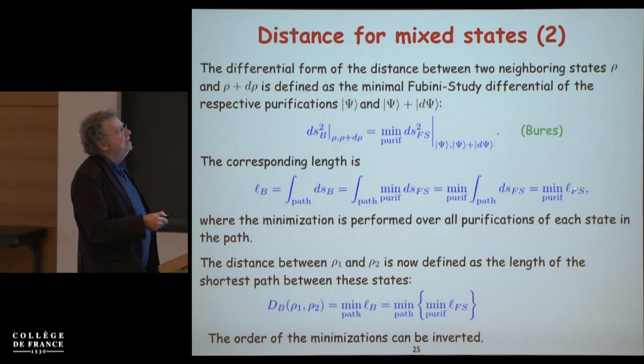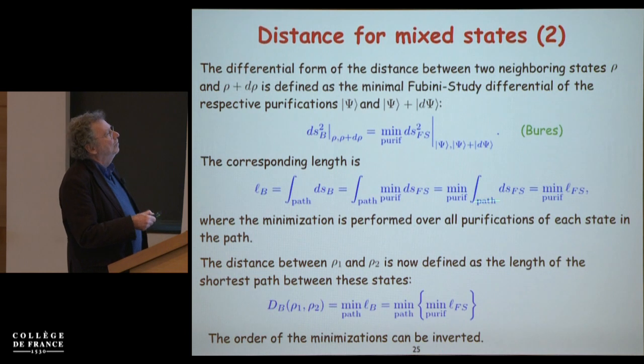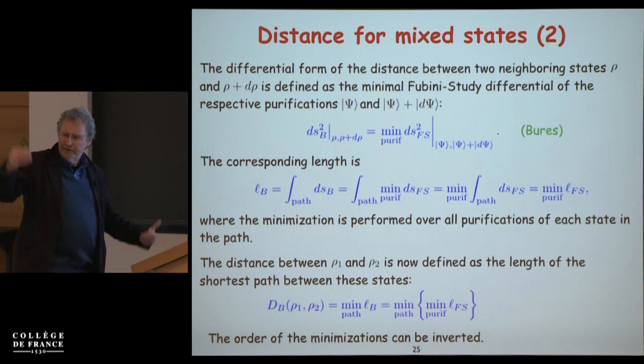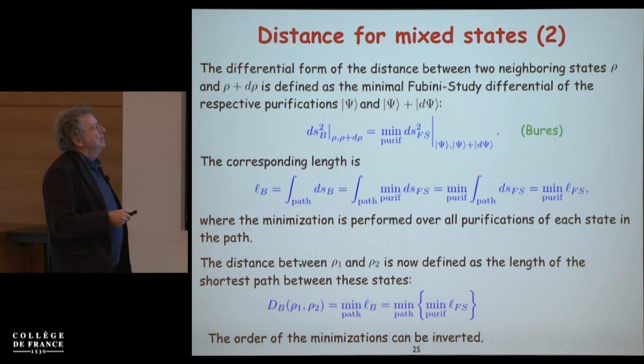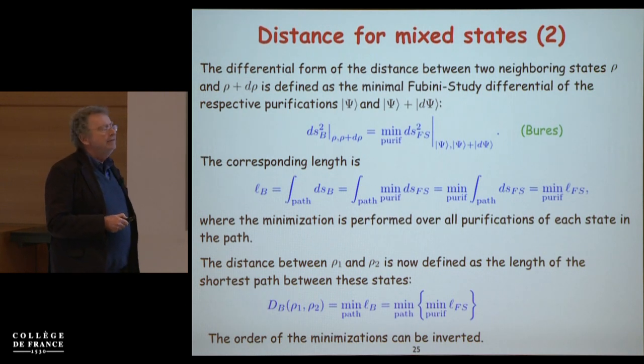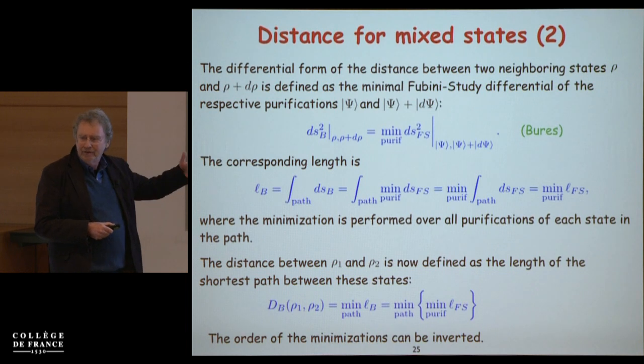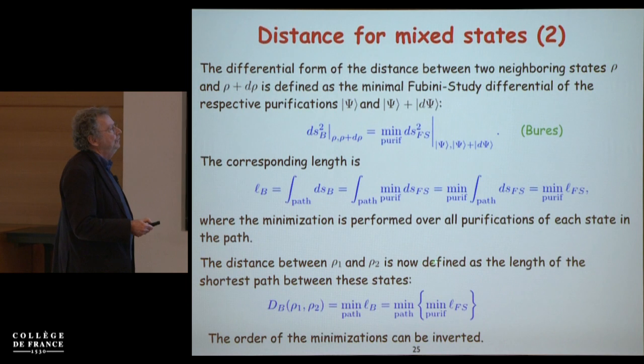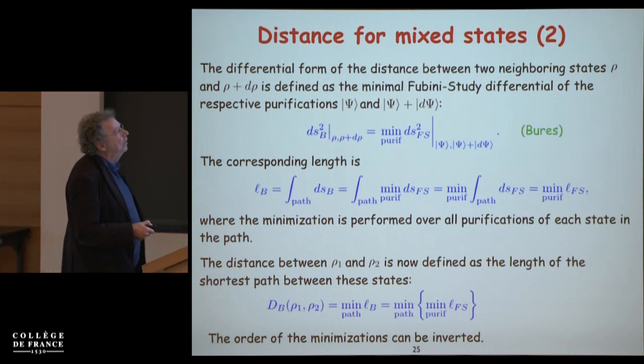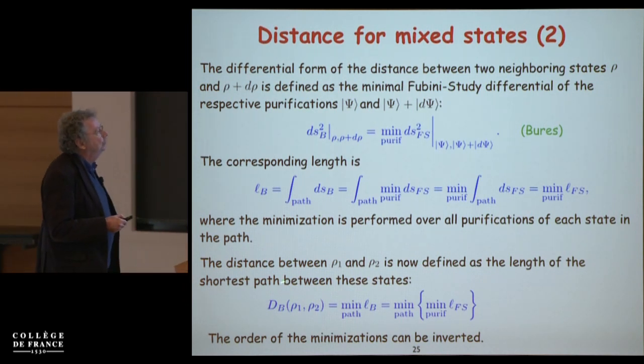And so this is the minimum of this path over all possible purifications along the path. I find it funny that something which seems so complex as this gives us at the end a very simple expression.